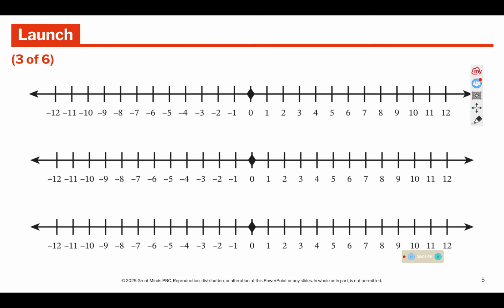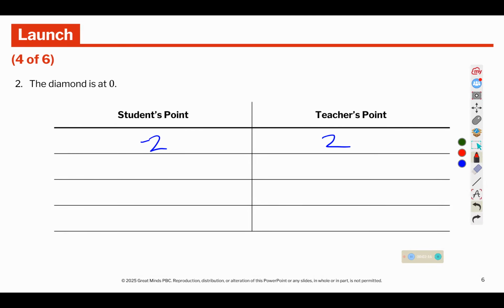Many times we compare numbers based on their location around 0. So for example, we could have -2, and then 2 is the same distance from 0, but they're in different directions. If a student places their point at -10, then 10 in the opposite direction of 0 would be a +10.